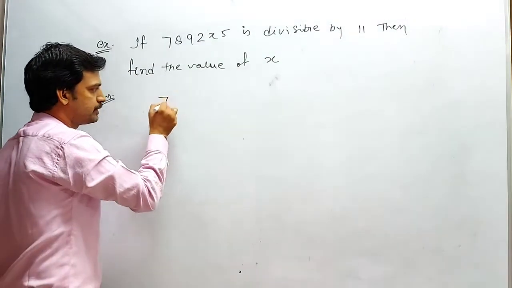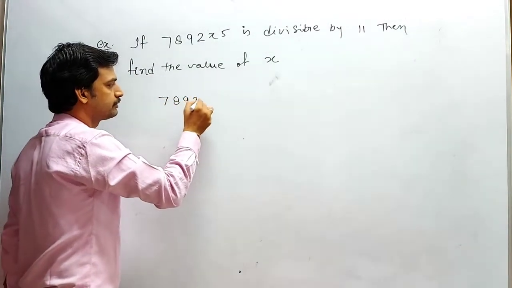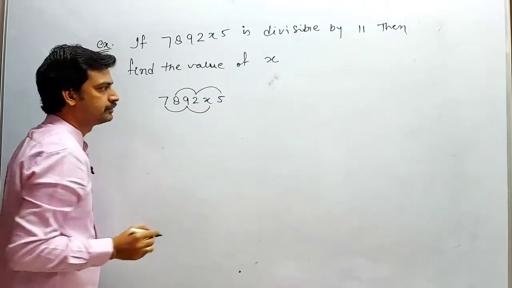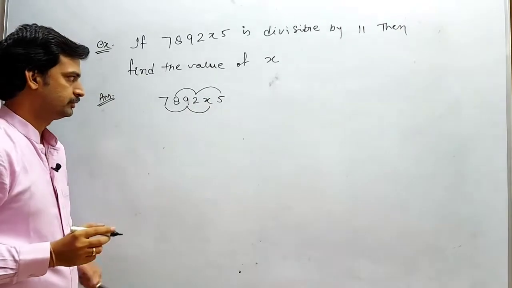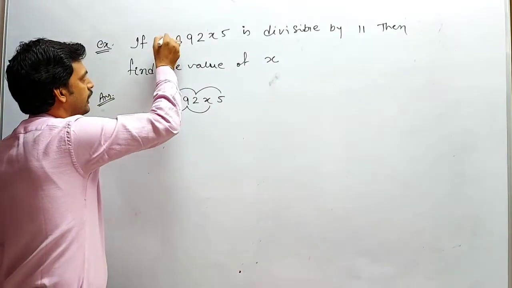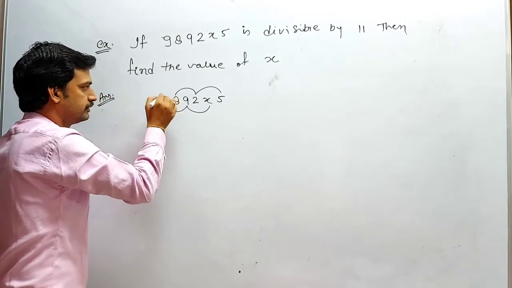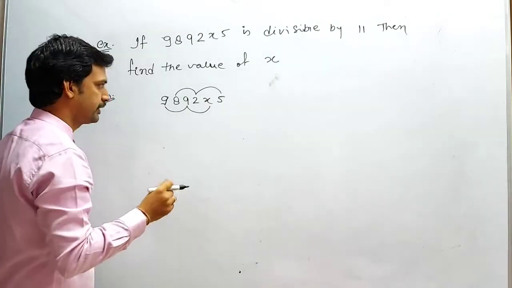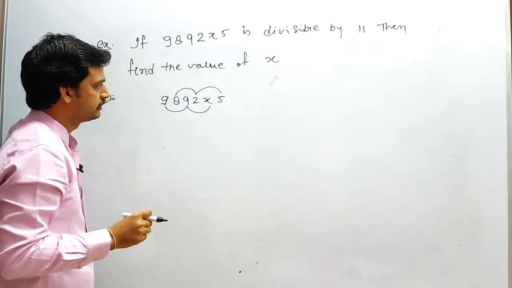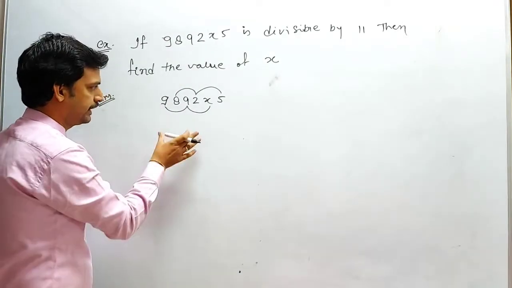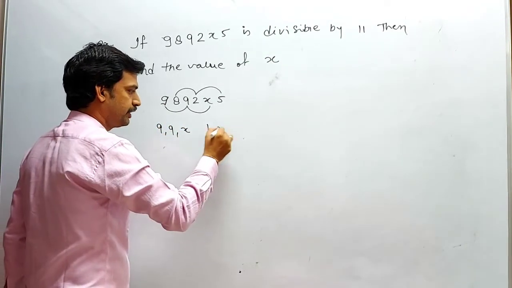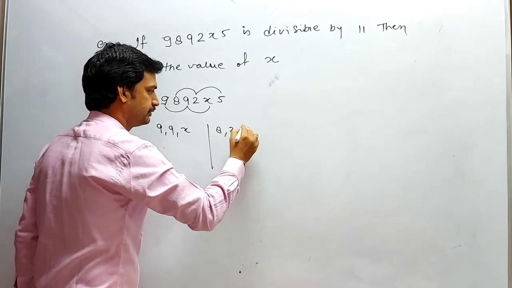So according to the divisibility rule of 11, what we do is we just make the pairs. I'll change that number again. I'll make it 9. Right? Because no such number can be possible. So the first pair is 9 9x, and the second pair is 8 2 and 5.